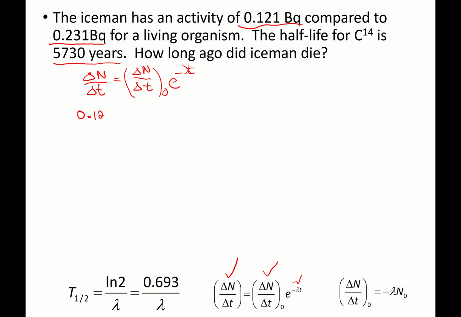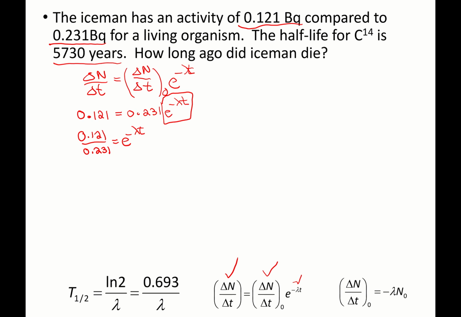Just to make the algebra look a little simpler, I'm going to put in my initial and my final values for the activity. All right, so first, if I want to get the t out of the exponential function, I need to get the exponential function on one side all by itself. So I'm going to divide the left-hand side. So I get that e to the minus lambda t is 0.121 over 0.231.